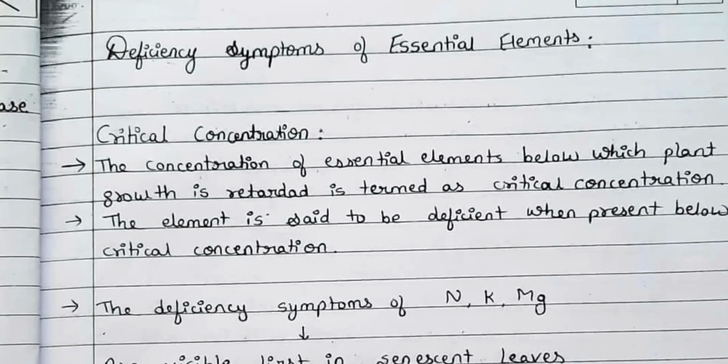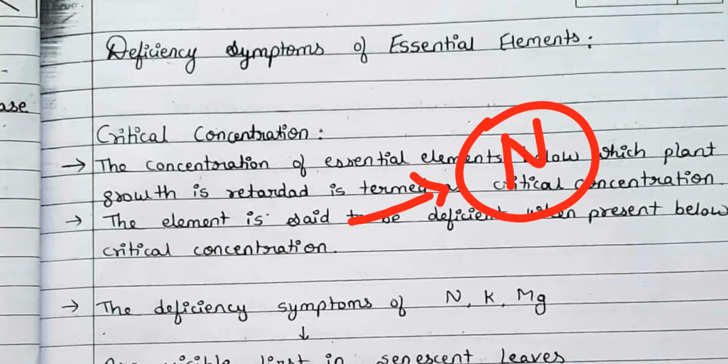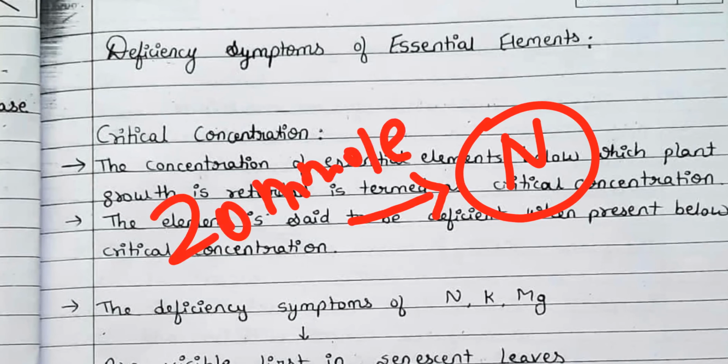For that, first understand the definition of critical concentration. Suppose one of the elements is nitrogen, and in plants its requirement is 20 millimolar, hypothetically. Minimum, that 20 millimolar is required. Above that, up to a certain limit, it's okay for the plant for better growth and development.